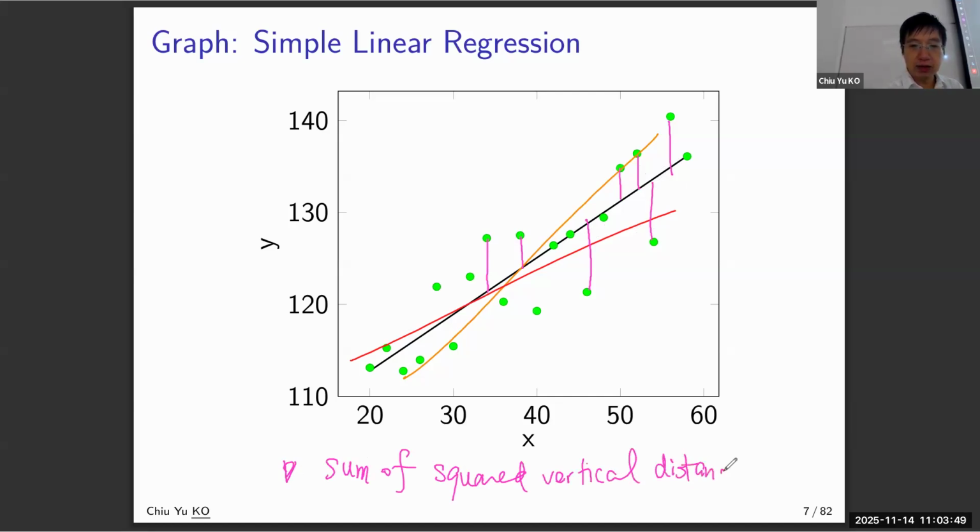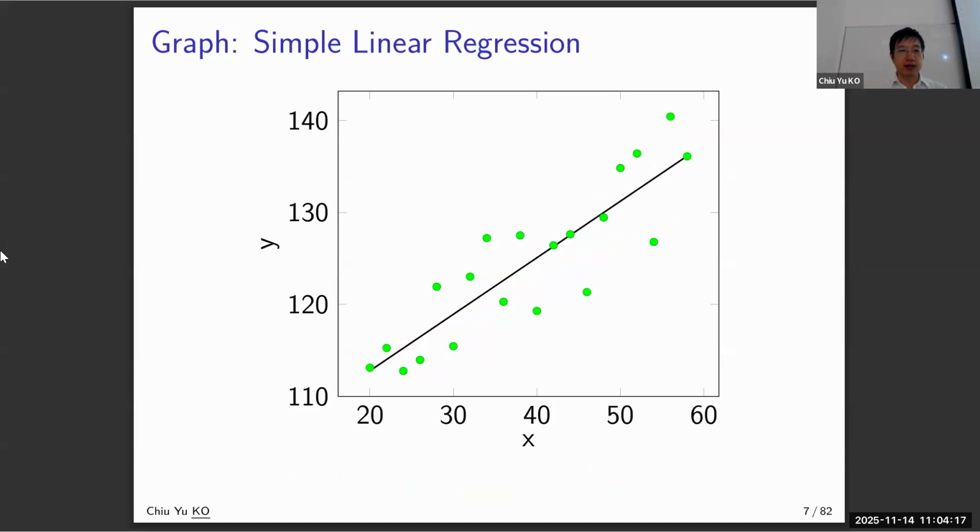Look at this distance, you square it, and add them up. You want to find a line such that the sum of the squared vertical distances is the smallest. In that case, there will be only one possible line. That's a math result. Let me formalize this in math. What do you mean by that?